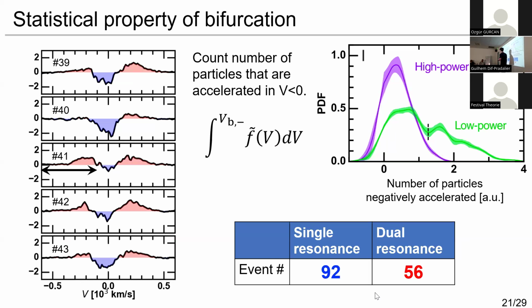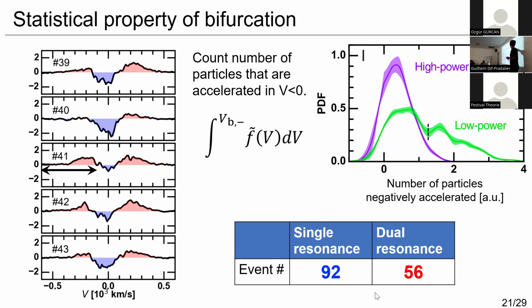In order to quantify whether or not this negative tail appears, we just count the number of particles inside the negative tail by making an integration over here. And I made a PDF analysis for the number of particles that are negatively accelerated. The powerful case is the high power case.